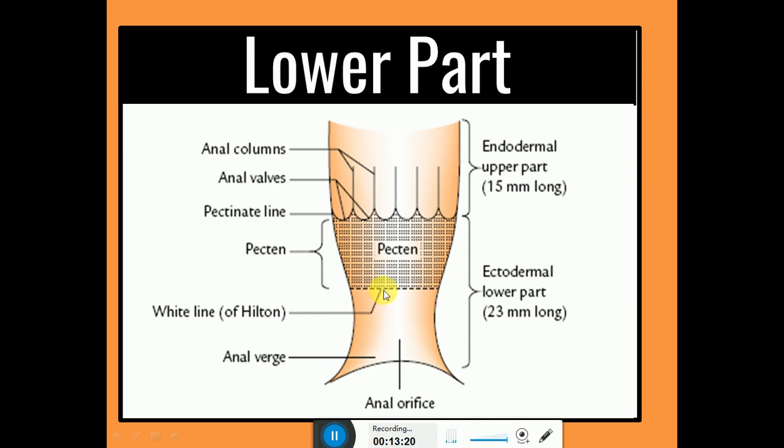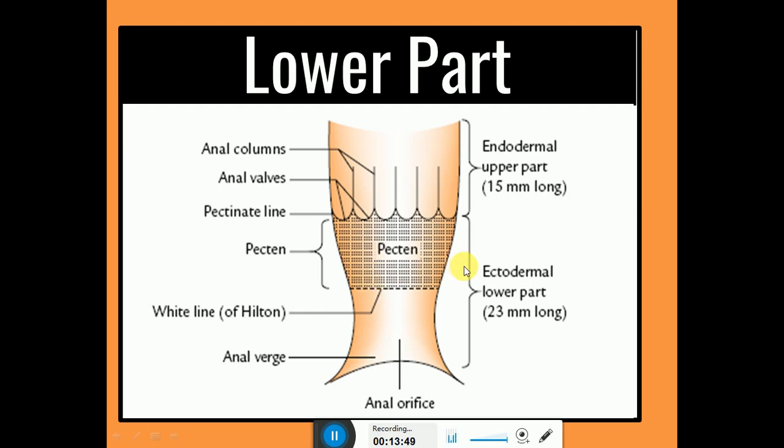And between white line of Hilton and anal orifice, this is the lower region. Now this upper region, which is called pecten, also has a length of 15 mm. This pecten region extends from pectinate line to white line of Hilton.